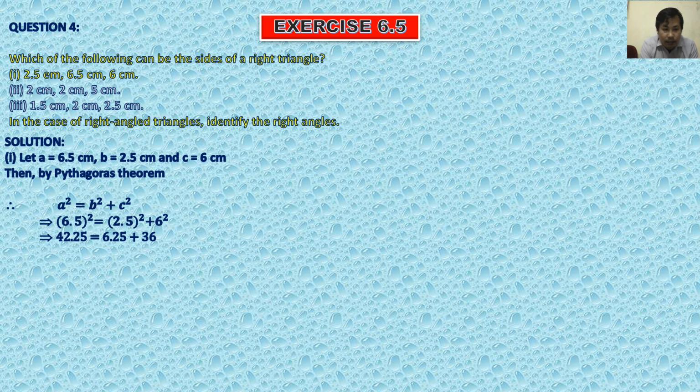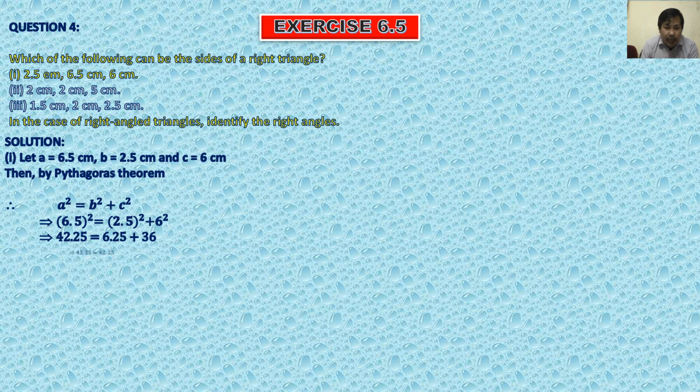After we multiply 6.5 two times, we get 42.25. The square of 6.5 is 42.25, and it is equal to 2.5 square, which is 6.25, plus 6 square, which is 36, isn't it?